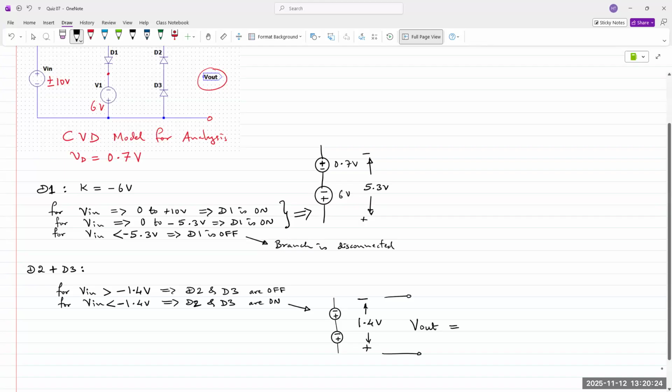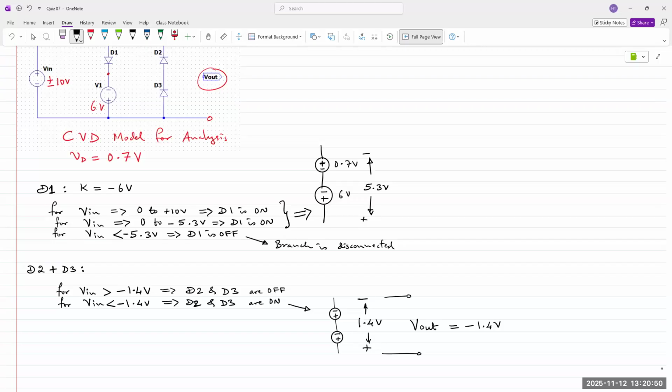So what is our V out? That is our V out. Remember the terms, constant voltage.